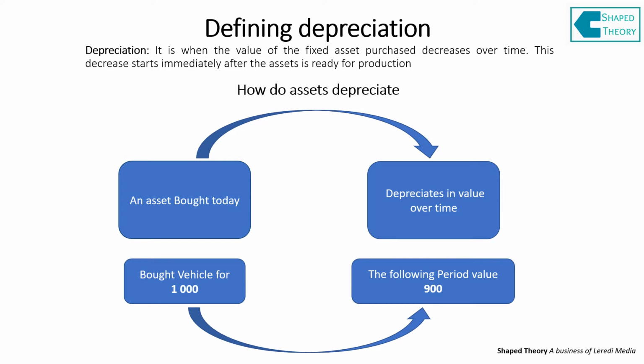Now, the difference between the 1,000 that you bought the asset for and the 900 that you have in the next period is called depreciation. In this example, we can say that we bought the asset for 1,000 and it has depreciated by 100 and now it is worth 900 on cost basis.